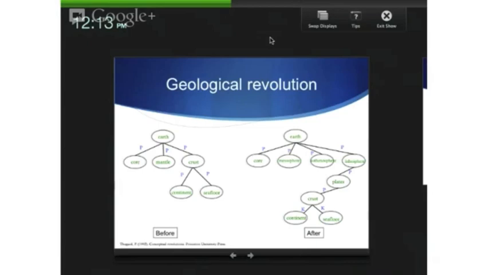Earlier, crust was directly a part of Earth, but now it has moved down the hierarchy, and crust is now a part of plates, which in turn are part of the lithosphere, which in turn is part of Earth. Another interesting change is the change in relationship: earlier continent and seafloor were parts of crust, but now they are kinds of crust.